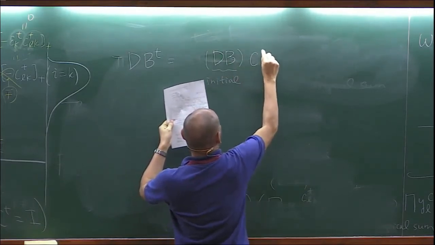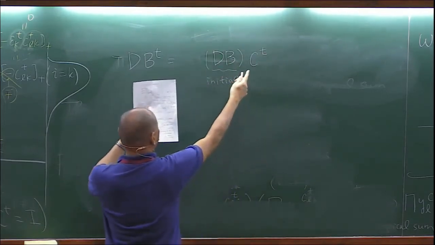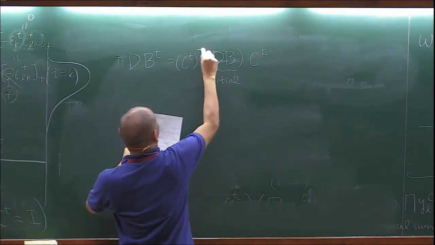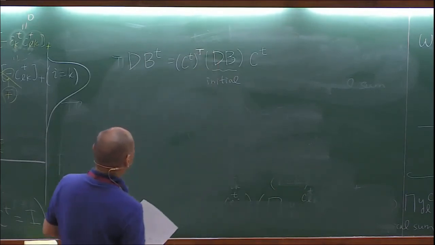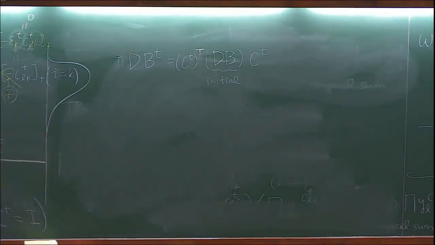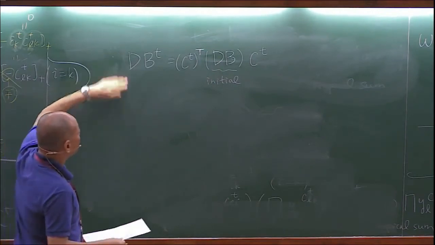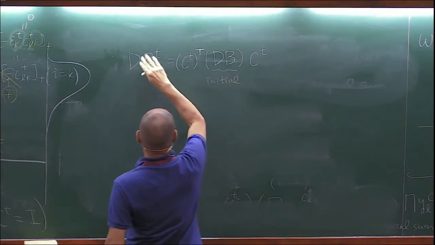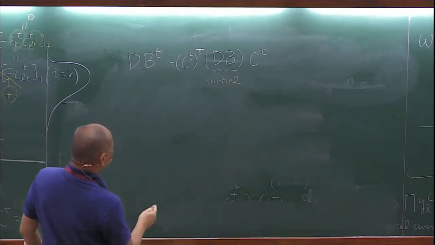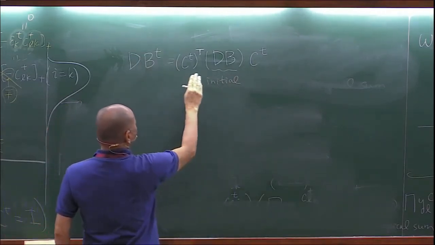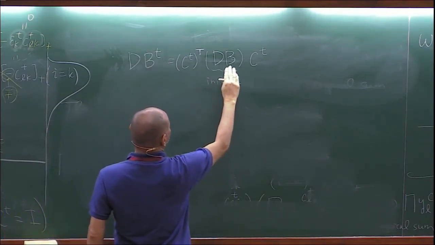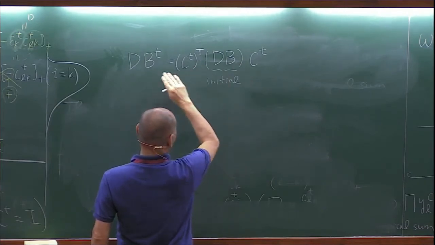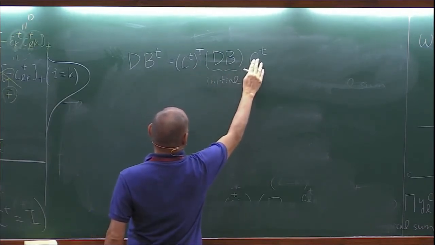You just multiply the C matrix at t on the right, and its transpose on the left. Then we have such a formula. And of course, to define this matrix, you need the information of the B matrix. But after that, this B_t matrix can be obtained just from the C matrix.